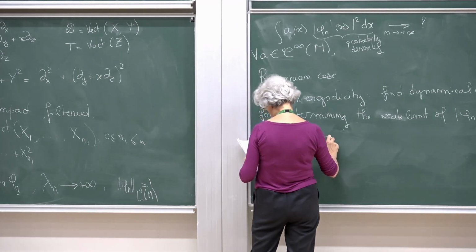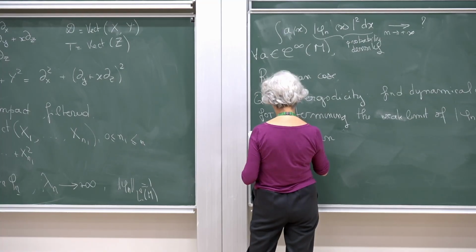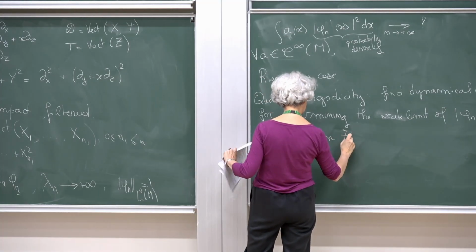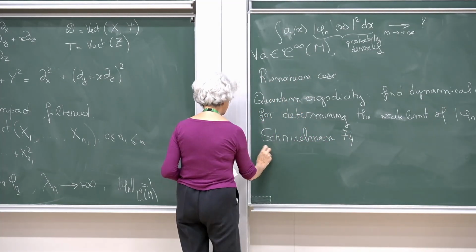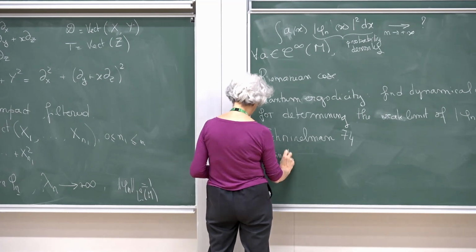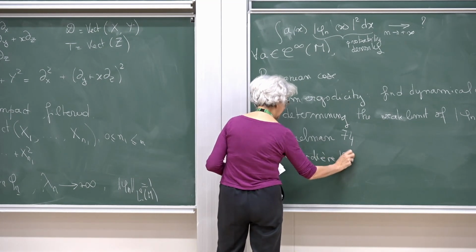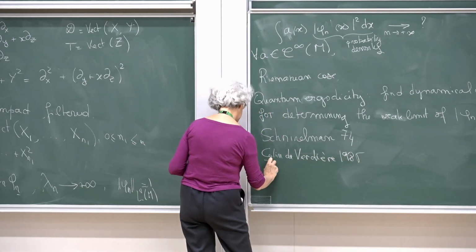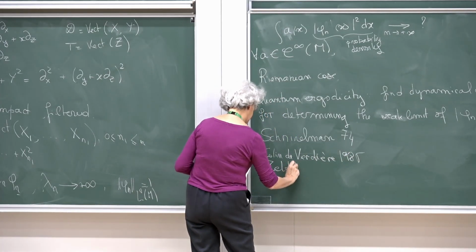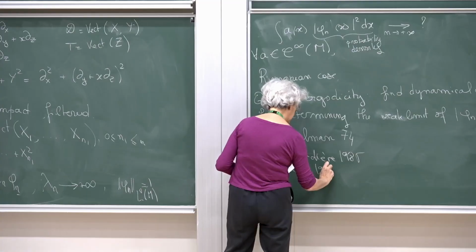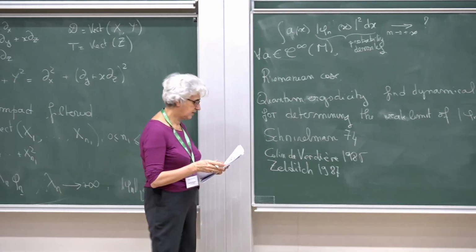It's an old problem from the 70s. I think I have a precise date here. Okay, which has been solved by Colin de Verdière in 1985 and by Zelditch. The paper is 1987, but I think they did it simultaneously.